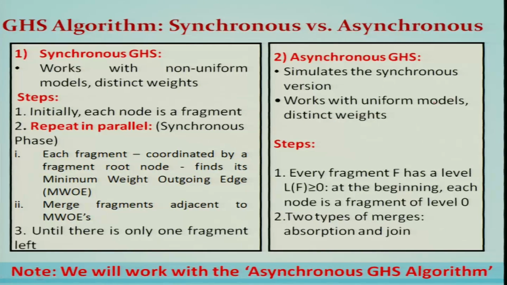Asynchronous GHS simulates the synchronous version, works with uniform models and distinct weights. So, steps in asynchronous GHS: every fragment F has a level which is greater than or equal to 0. At the beginning, each node is a fragment of level 0. There are two types of merges, absorption and join.